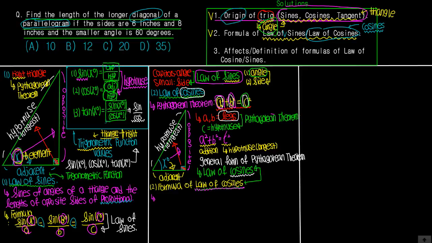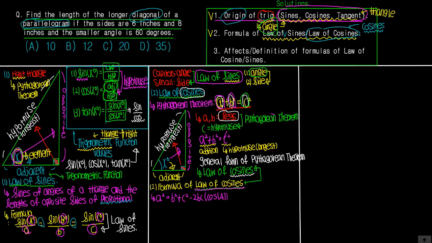The formula for the law of cosines obviously contains a cosine. The first one is a squared is equal to b squared plus c squared minus 2bc times cosine of our A value. Let's think about the second one.